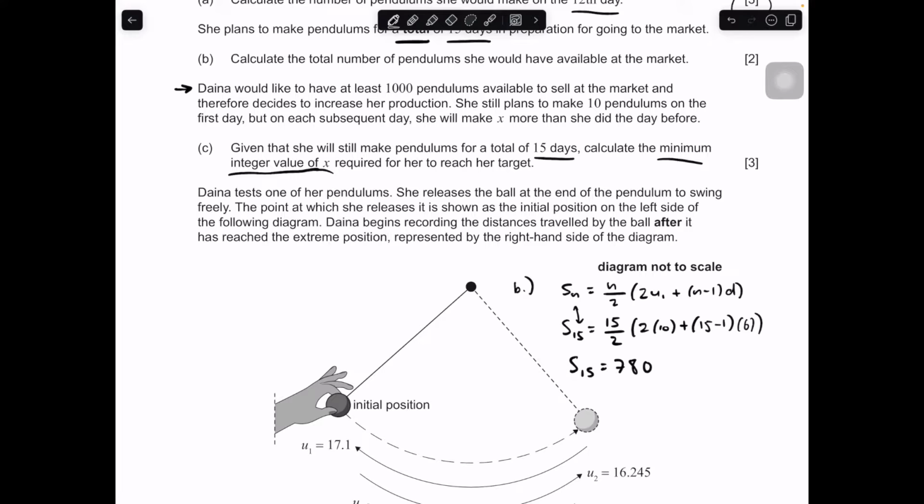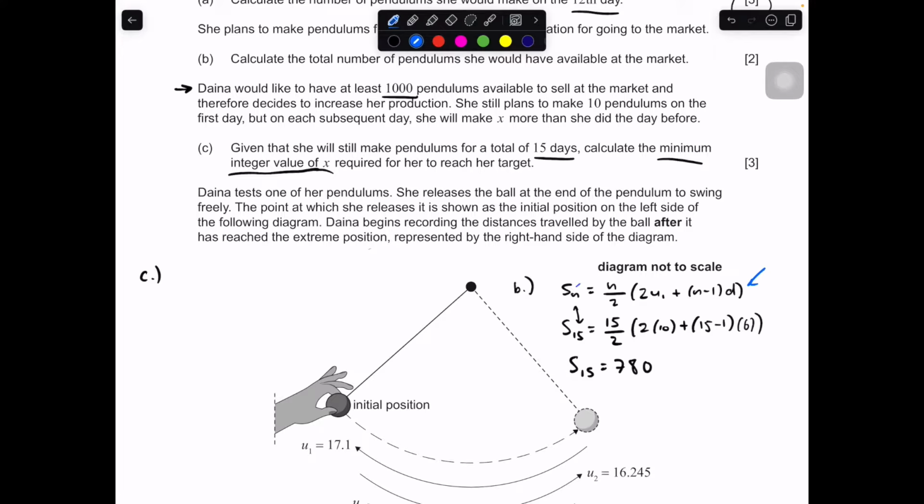Okay, so this is C. Let's write it over here. We still have a sum. She wants to make 1,000 pendulums. So we know that S15, the sum after 15 days, is going to be equal to 1,000. And if we're looking at this formula once again, the question is, do we have all the elements?